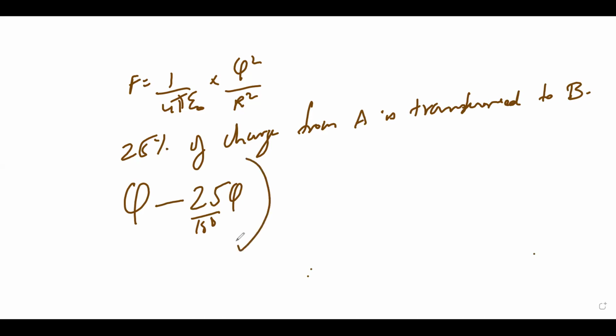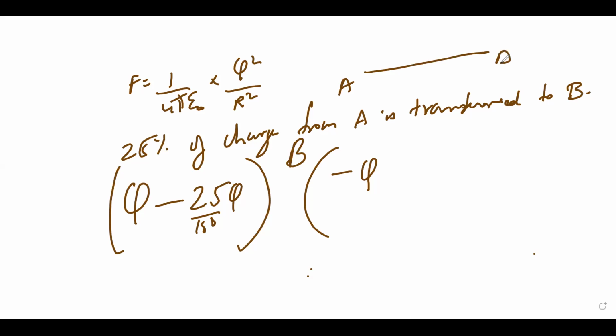Correct. So what will happen? The minus charge is there, no? Negative Q. Correct. The charge at B. So if this is A and this is B, A is my plus Q, B is my minus Q. B will gain 25 percentage, right?